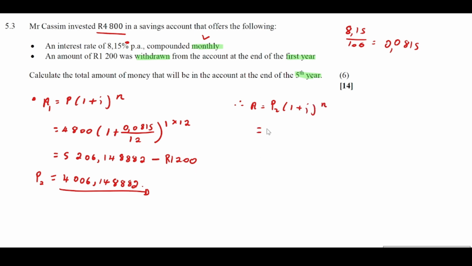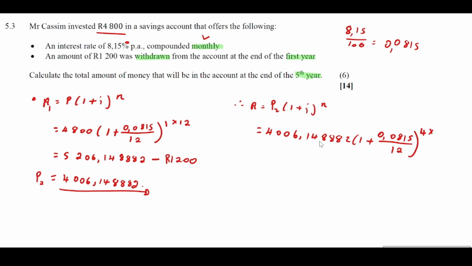So I'm going to use this amount of money here, 4,006.148882, open bracket 1 plus our interest rate. It did not change, so we're still going to use the same 0.0815. You divide this by 12, it's still compounded monthly. How many years do we have left? We have 4 years left, because the withdrawal was after only 1 year.